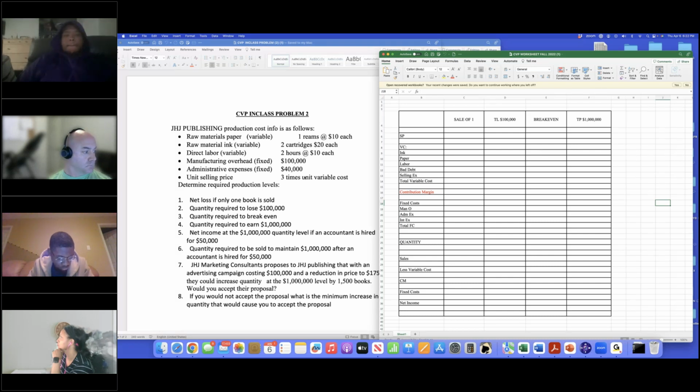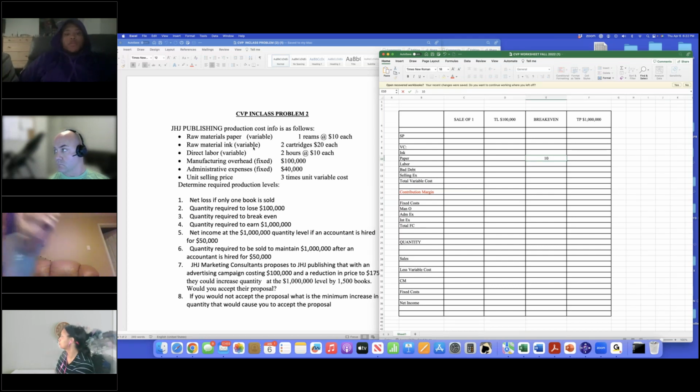The raw materials: paper is 1 ream at 10, so we put in $10. Ink is 2 cartridges at 20, so the ink is going to be 40. You should be used to doing this. And the direct labor is 2 hours at 10.